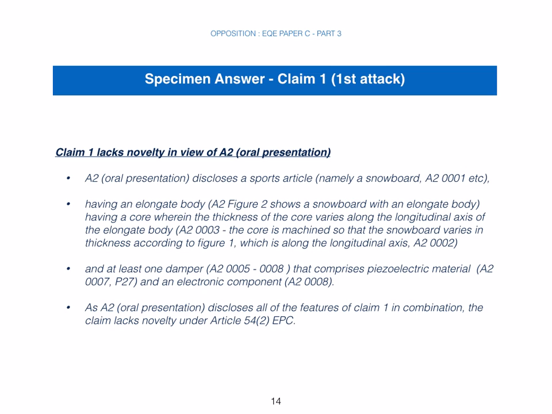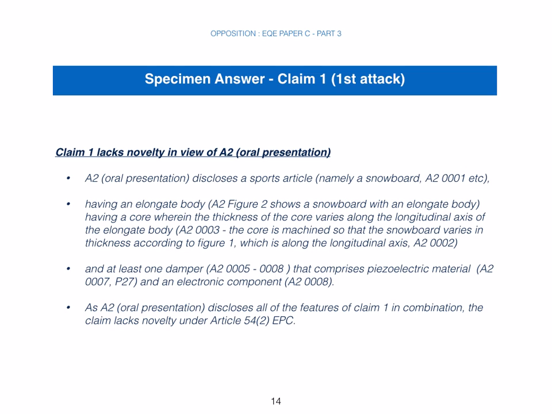A2 oral presentation discloses a sports article, namely a snowboard, A2 paragraph 1, etc. Having an elongate body, A2 figure 2 shows a snowboard with an elongate body, having a core wherein the thickness of the core varies along the longitudinal axis of the elongate body, A2 paragraph 3, the core is machined so that the snowboard varies in thickness according to figure 1, which is along the longitudinal axis, A2 paragraph 2.